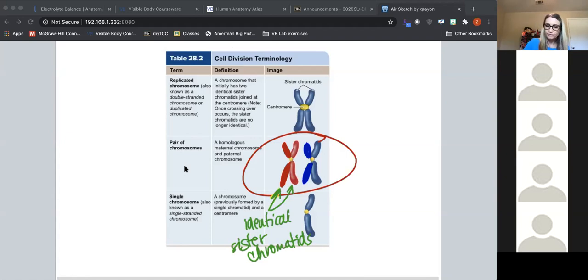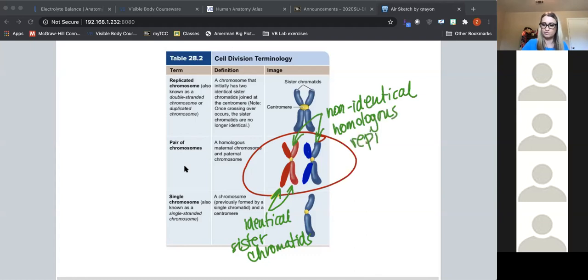Now the red and blue are non-identical homologous replicated, I guess, chromosomes.